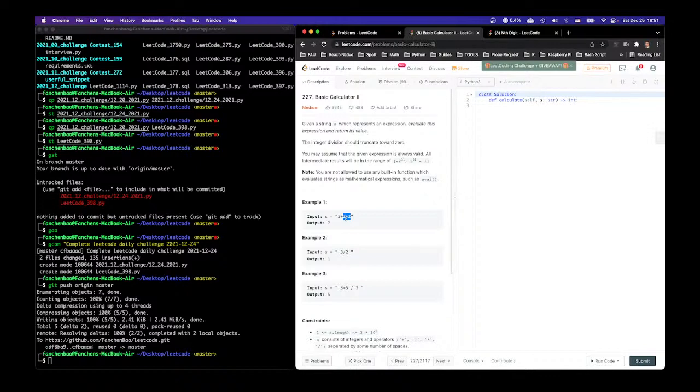The sign needs to be changed. If it's 3 minus 2 plus 2, we can do minus, and then we do this, and all the plus signs will turn into a minus sign. That's fine. We can code that. So that's the minus part.